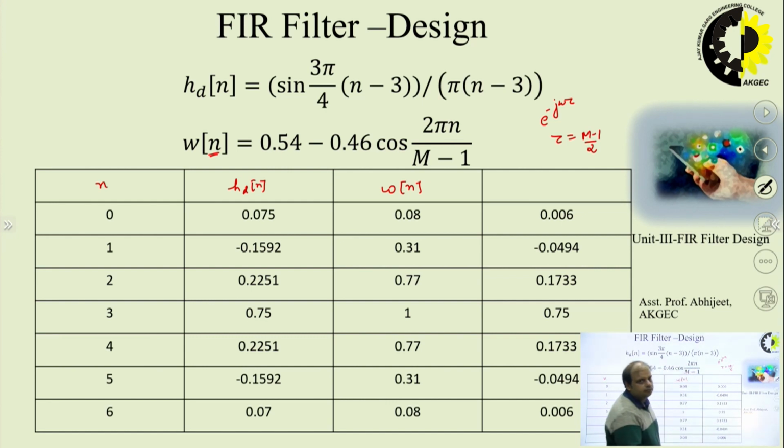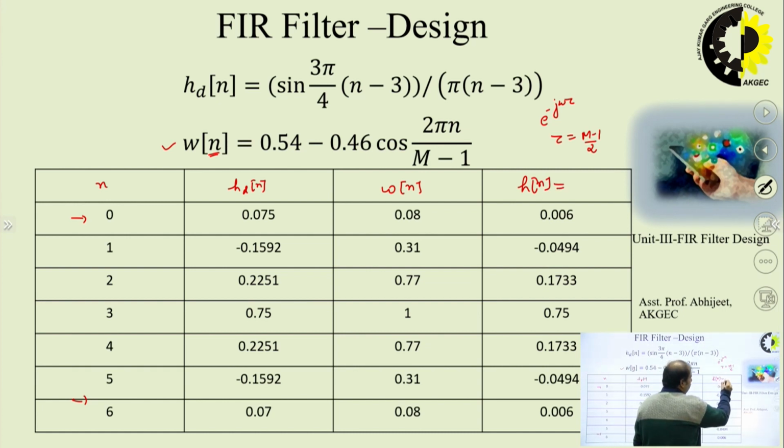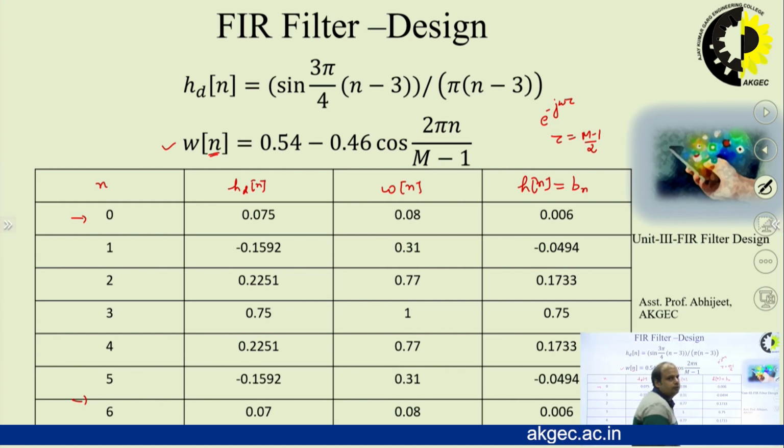This is the general structure. In this case tau was 3, so we will have M equal to 7, which means that M minus 1 is equal to 6. So we will vary n from 0 to 6, evaluate hd of n, evaluate w of n, which remains fixed, and we thus obtain the designed FIR impulse response, which is also the h of n of the system.